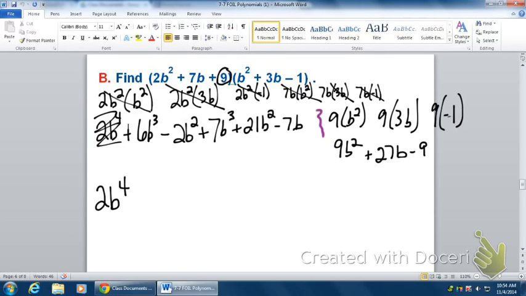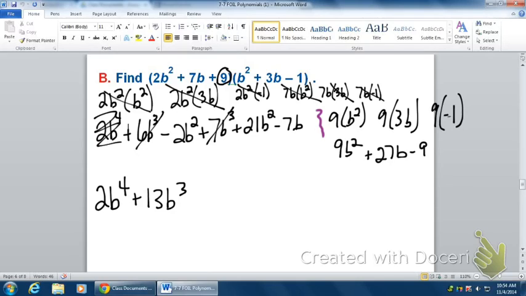Now my next highest degree is going to be b to the 3rd. Let's combine all the ones that have b to the 3rd. Looks like I have a 6b to the 3rd and I have a 7b to the 3rd. It's going to become what? Yes, 13b to the 3rd. Now let's handle the b squares.